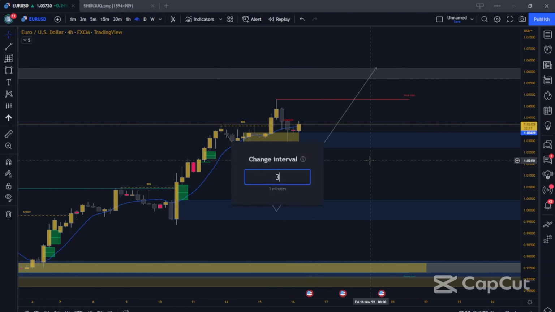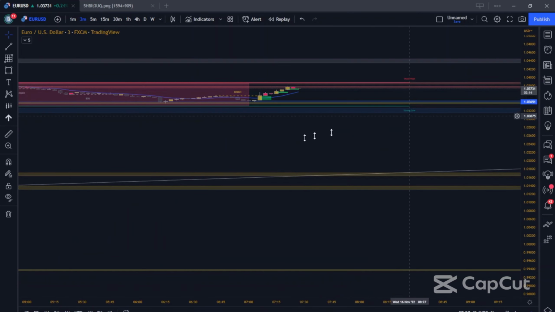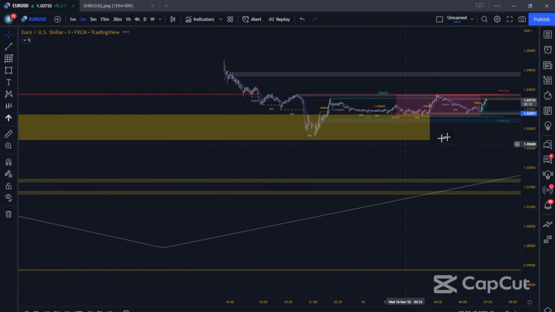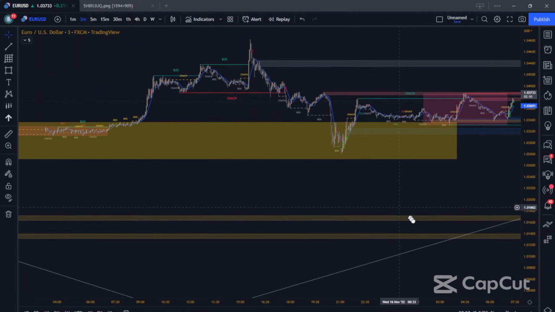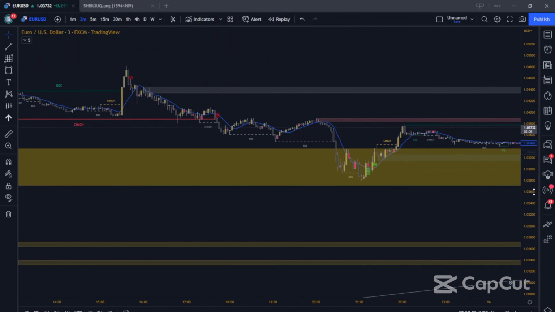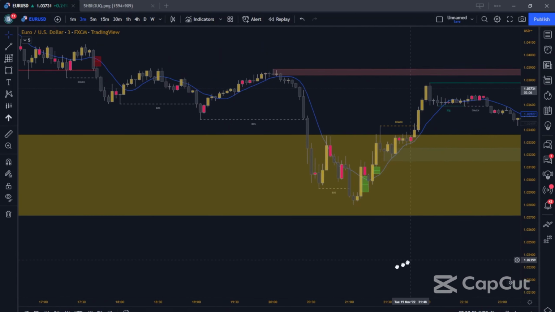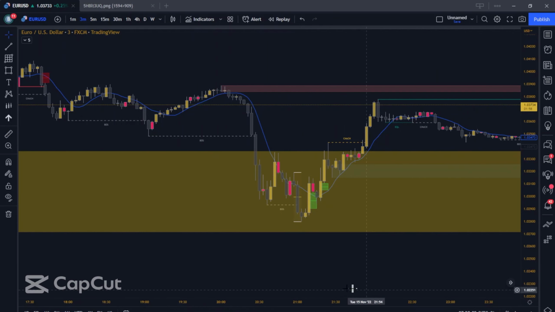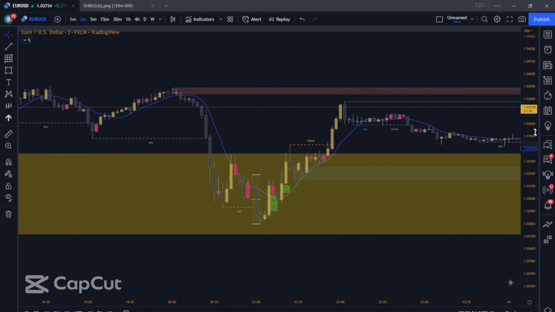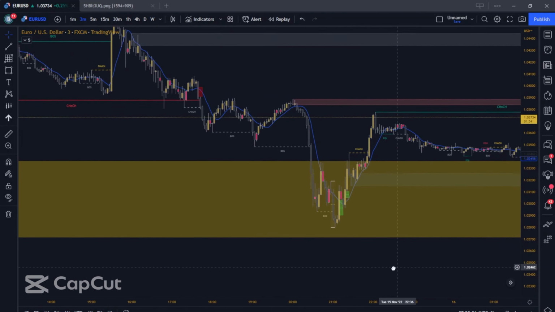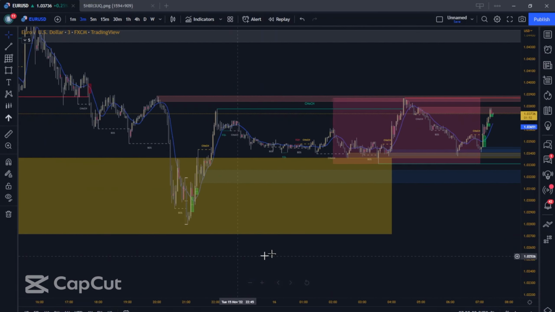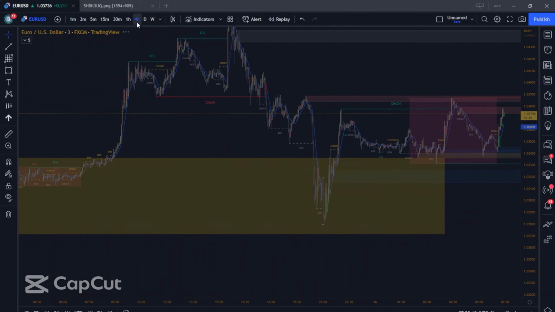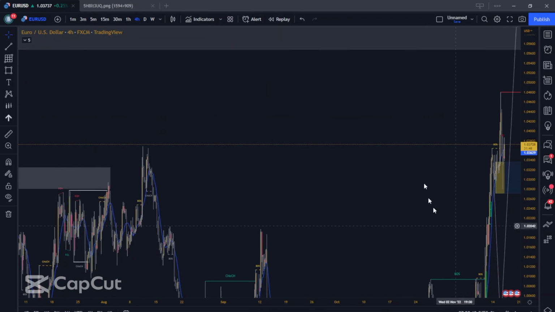Let's see if it gave entry. Yeah, huge range. Okay, so it wouldn't have given entry, but it has taken off from this demand, which is a good sign.